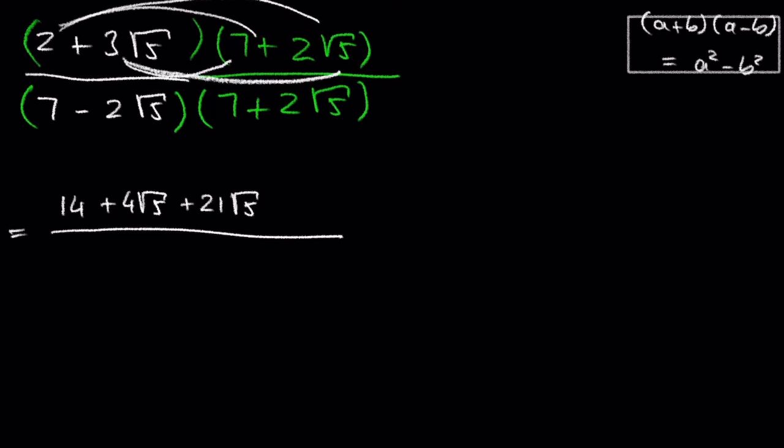And 3 times the square root of 5 times 2 times the square root of 5 is 6 times 5. And in the denominator we get 7 squared, which is 49.